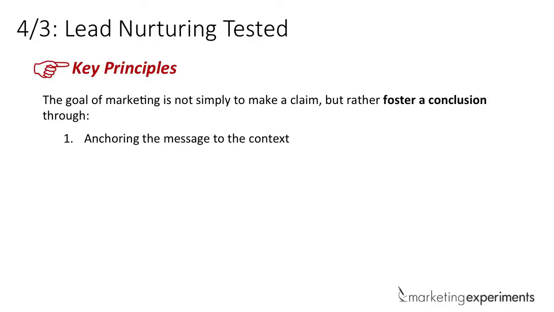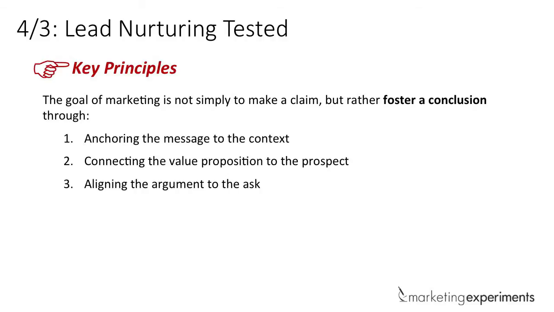Is it shocking? Number 2, connecting the value proposition to the prospect. We're going to look at not only company-level value propositions, but prospect-level value propositions. How are we tapping into those prospect value propositions? And finally, aligning the argument to the ask. We saw that in the email example earlier, and we saw it in this test here.